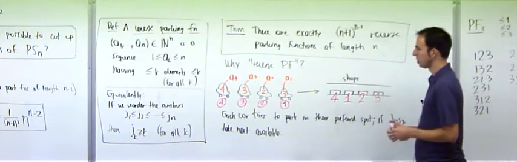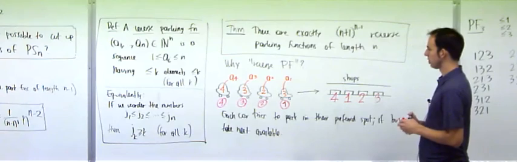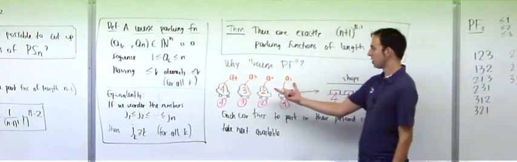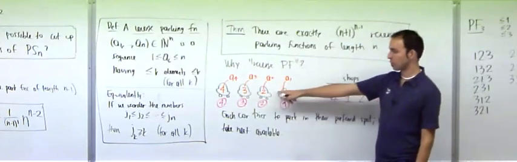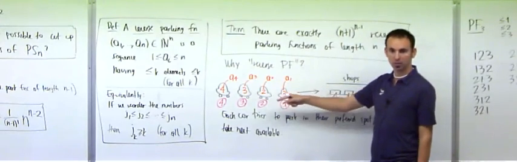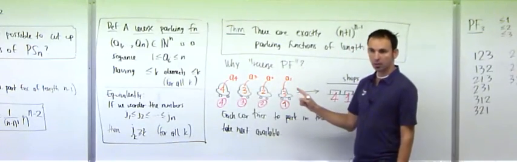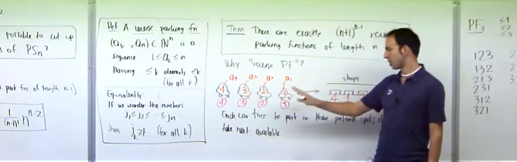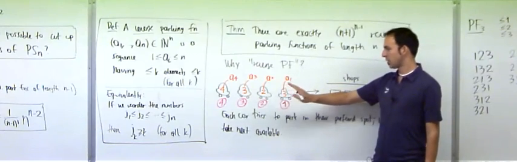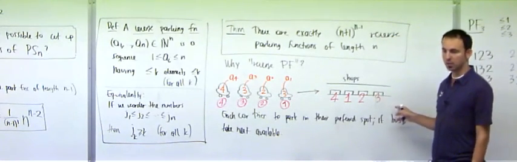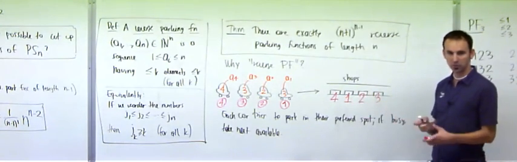And the statement is that this is going to work out if and only if this is a reverse parking function. And you see that 4, 3, 2, 3 is a reverse parking function. The proposition says that because it's a reverse parking function, everybody managed to park. But if it wasn't a reverse parking function, then this wouldn't have worked out.